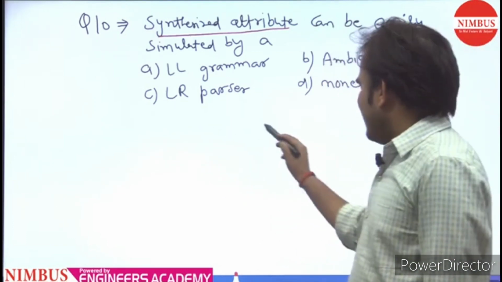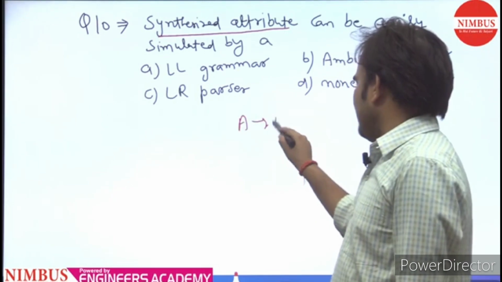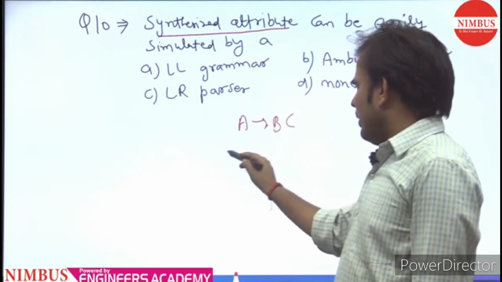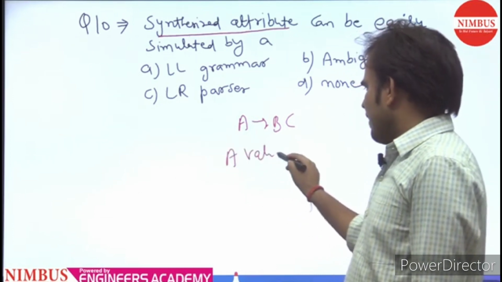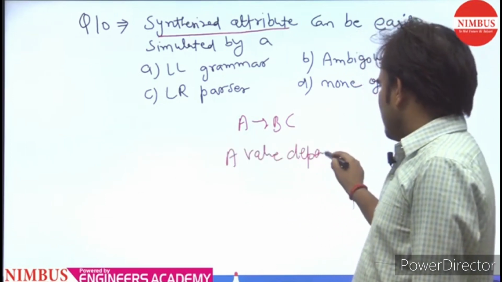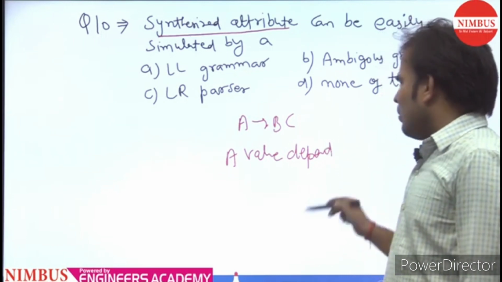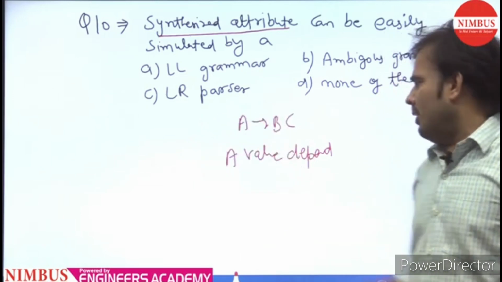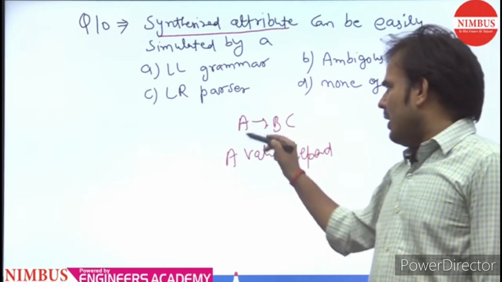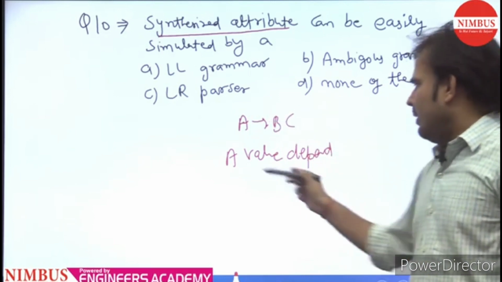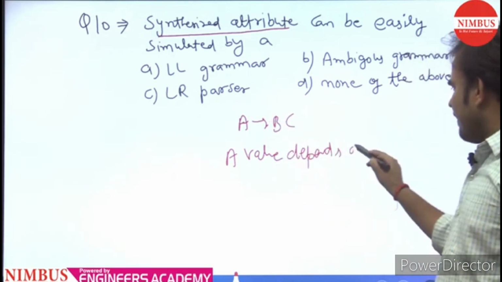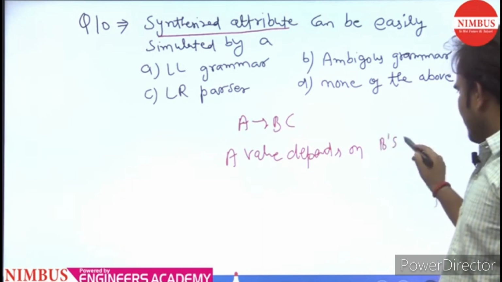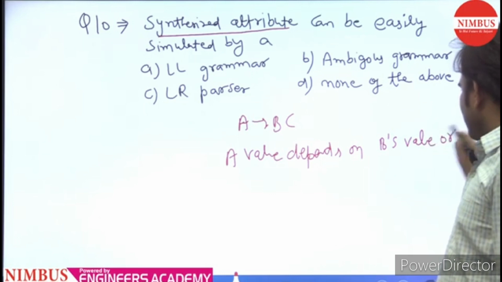Like this you can take an example. A tends to BC. Suppose this is a production. Here A is the parent. Because we calculate the parent value in a bottom up manner, from its children, A's value depends on B's value and C's value.